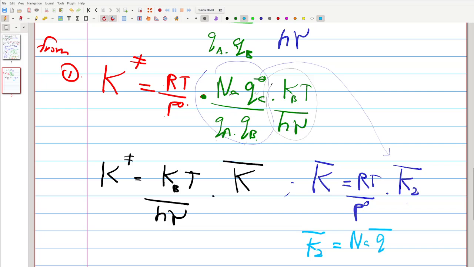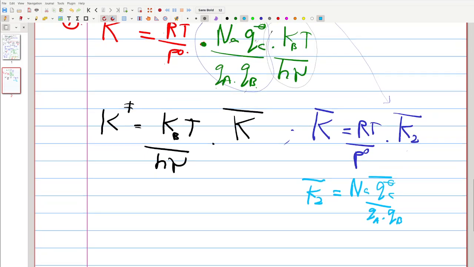NAQ bar, right? It's really important that we don't forget that bar. QA dot QB, right? So you can see that this K2 bar is basically K2 except without including the vibrational partition coefficient of the activated complex.